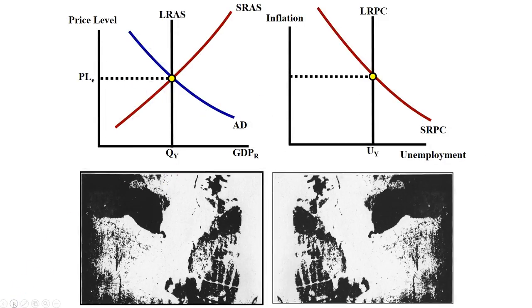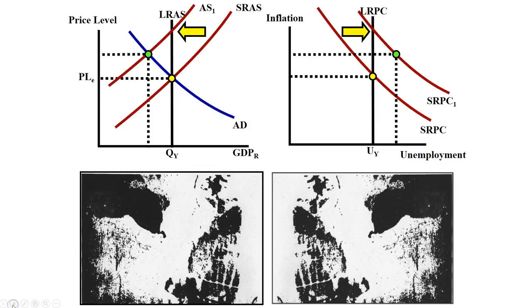It's a little bit different when you talk about shifts of the aggregate supply curve. When aggregate supply shifts and you have a supply shock that creates a recessionary gap over here to the left, what's going to happen on the Phillips curve? The Phillips curve itself will actually shift.